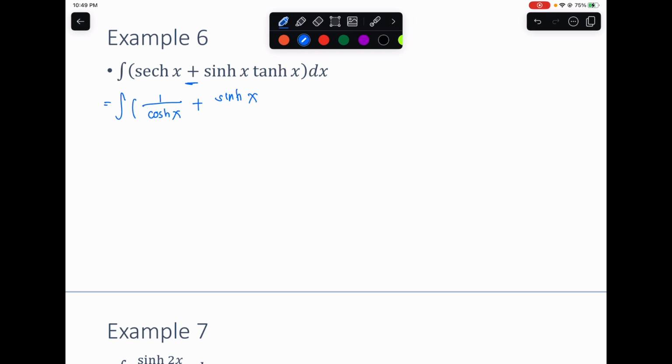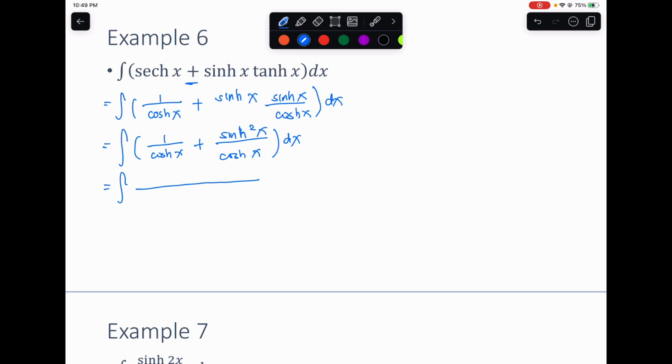Then tangent is hyperbolic sine of x all over hyperbolic cosine of x dx. And then this is the same as 1 over cosine hx plus sine h squared x all over cosine hx dx.